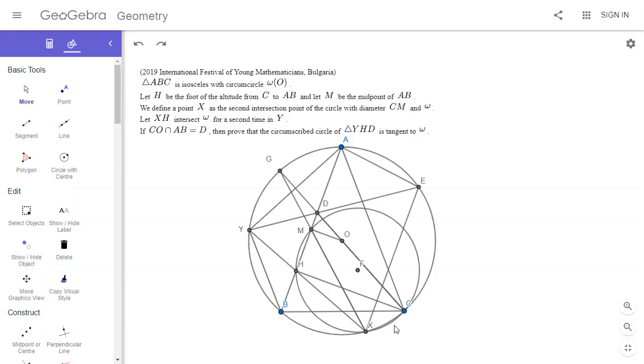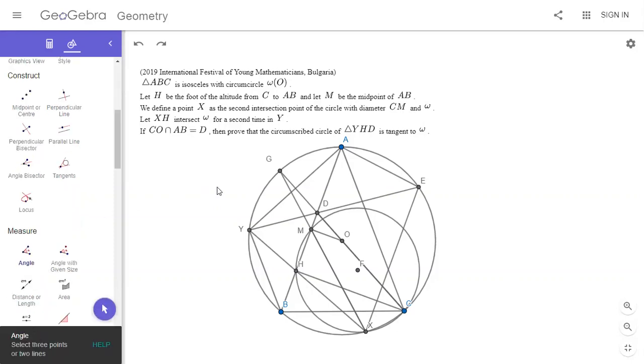Yeah, it's weird. It's hard to use the fact that CO intersects AB at D. So yeah, another way is to say AYD is equal to BCX.